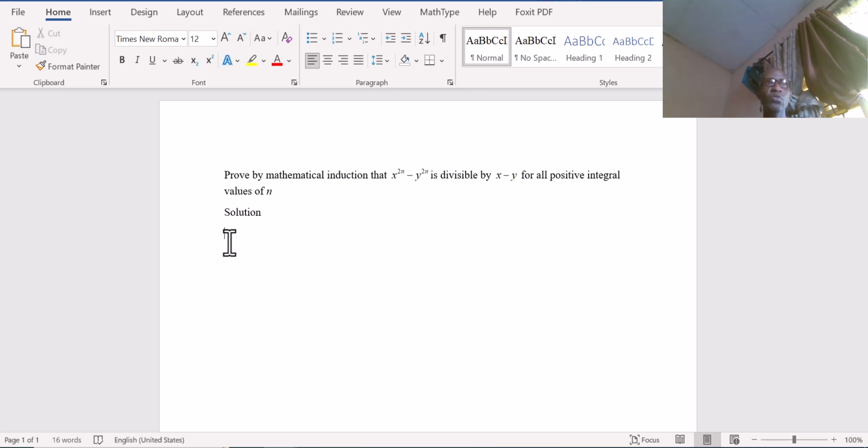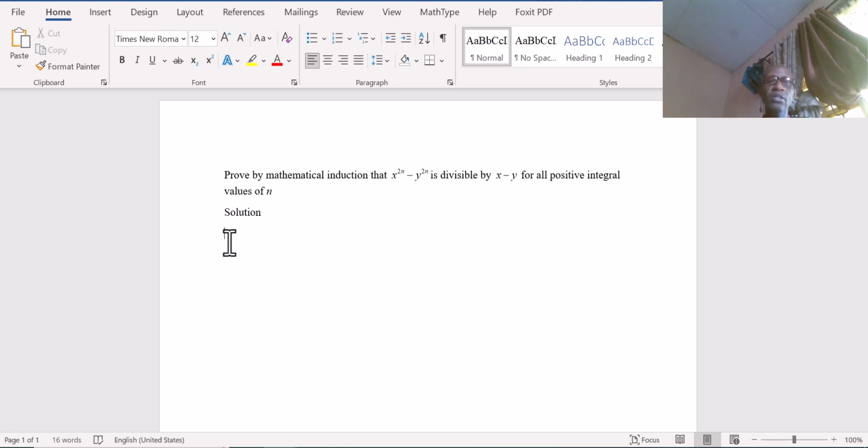Then we assume that n equals k. If it is true for k, then the next number after k, which is k plus 1, should also be valid. If we can show that it is valid for k plus 1, then we say that the proposition, or that formula, is valid. That's what we're trying to do in this mathematical induction.